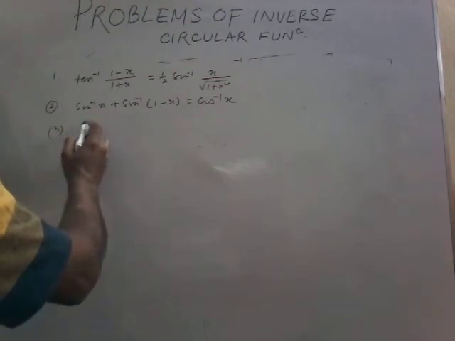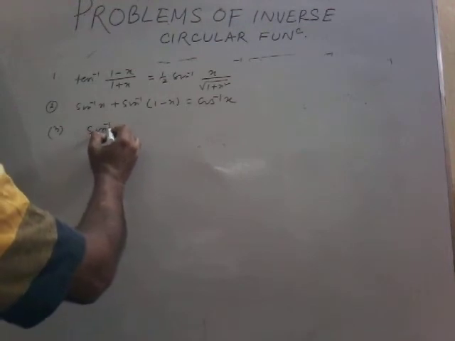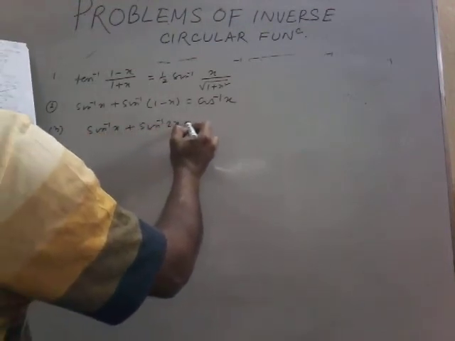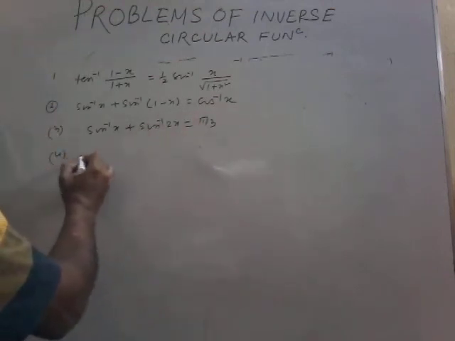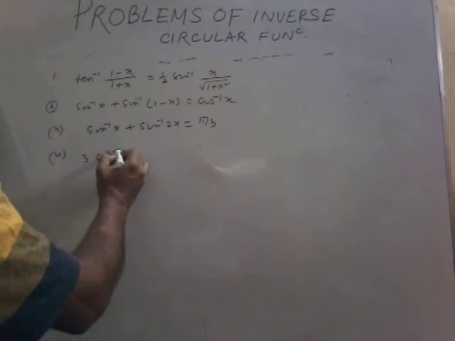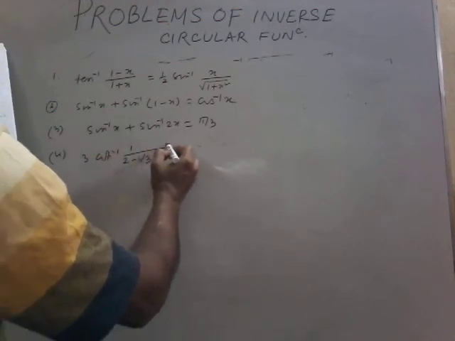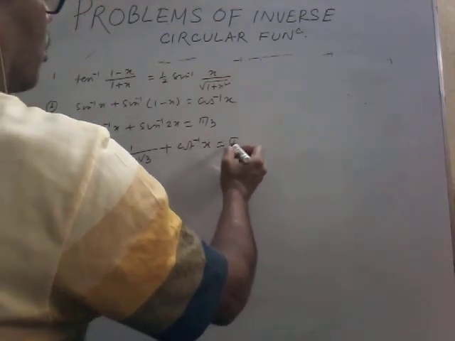Number 3: sine inverse x plus sine inverse 2x equals 5 by 3. Number 4: 3 cot inverse (1 by 2 minus root 3) plus cot inverse x equals 5 by 2.